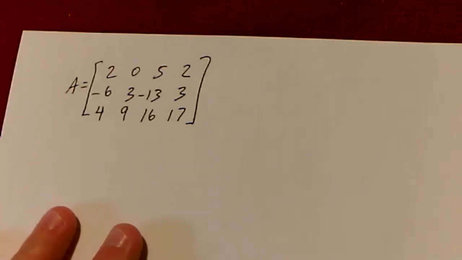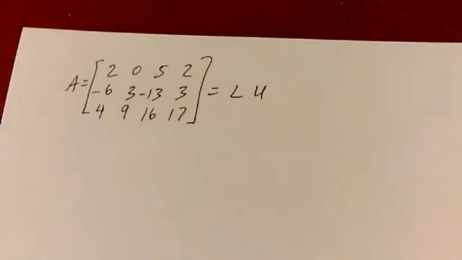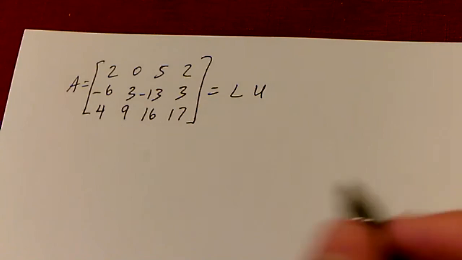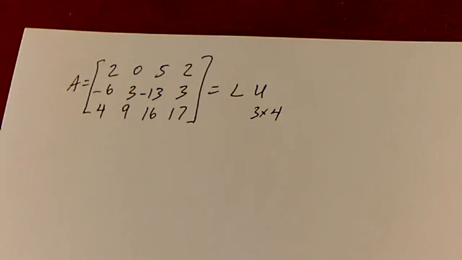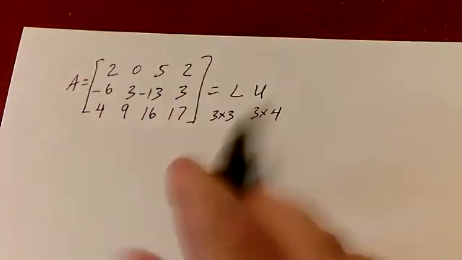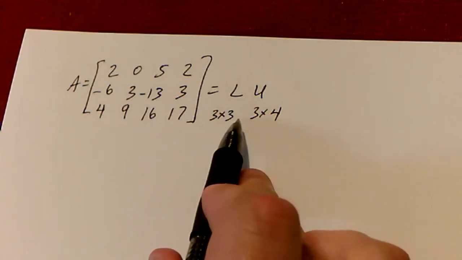So let's recap here. I'm going to find an L and a U. To find U, I just do row operations. So U we know is going to be 3 by 4. I know L has to be invertible. So L is going to be 3 by 3 because to multiply, the middle spots have to line up.